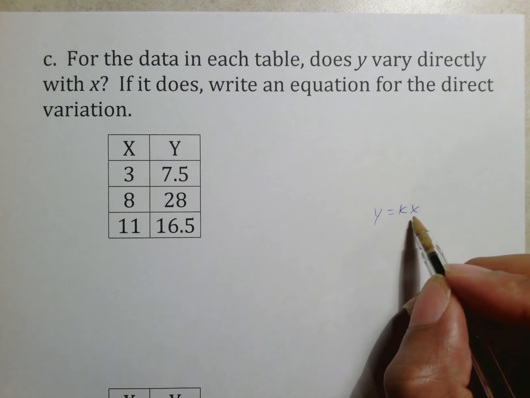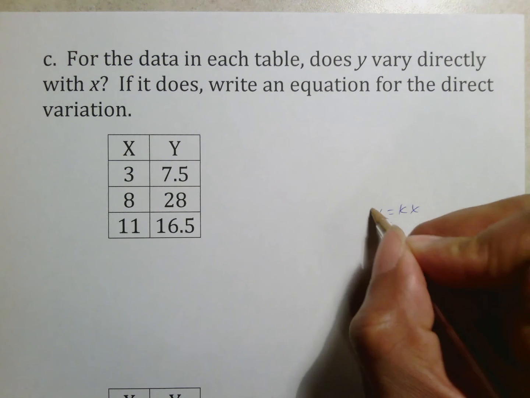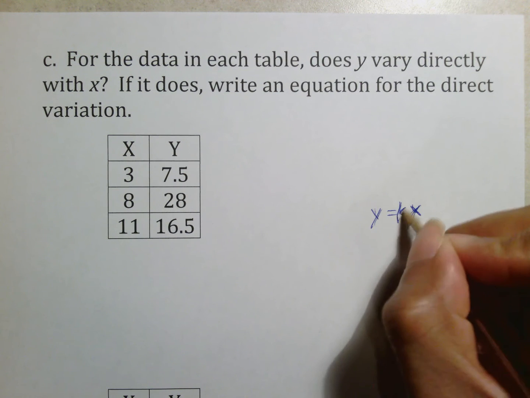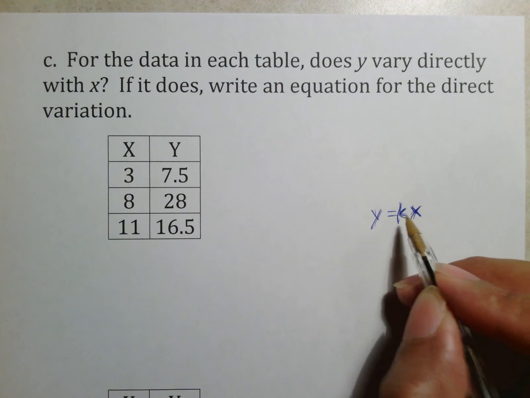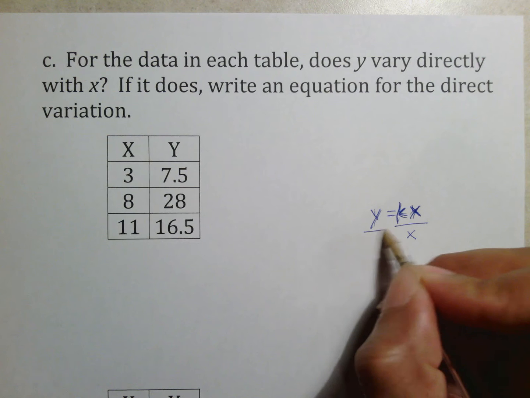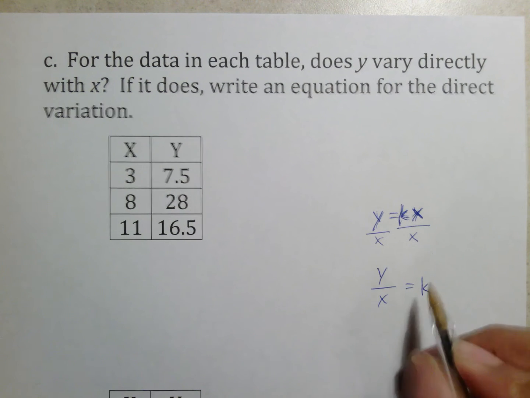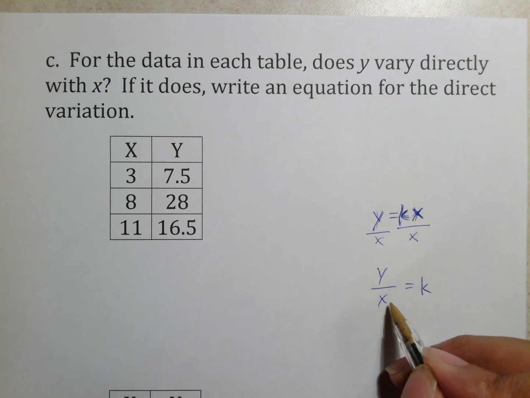If I am looking for k, and I want to get k by itself, I have to get rid of x, and the way I do that is by dividing by x, which means that y over x represents my constant. So if I am looking for k, I do y divided by x.